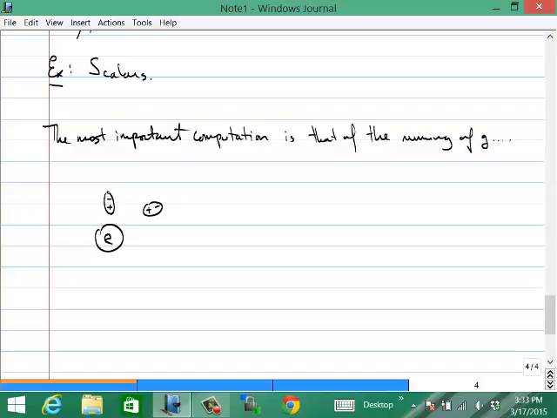So for example, if an electron has negative charge, it will be screened by a collection of dipoles, electron-positron pairs, which partially screen the electric charge sitting at the origin. And that means that as you probe the theory at higher and higher energies, you're effectively getting closer and closer to the electron at the origin, because you're probing at shorter and shorter distances. And so the strength of the electric charge increases.